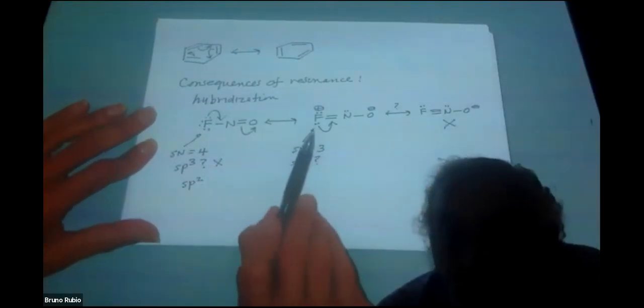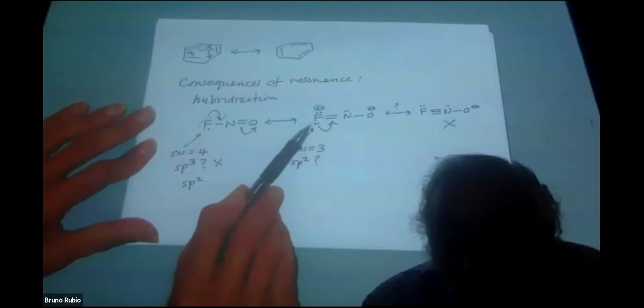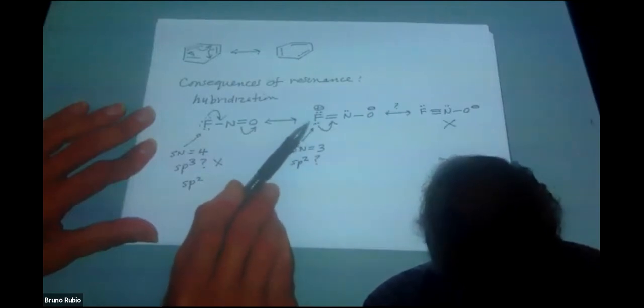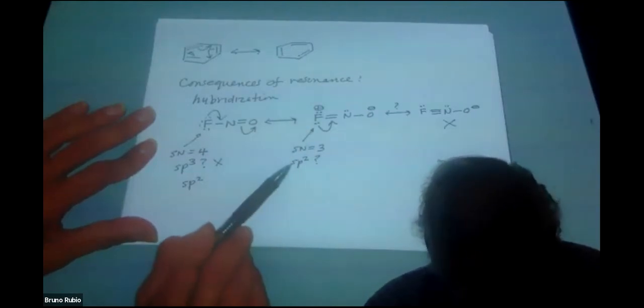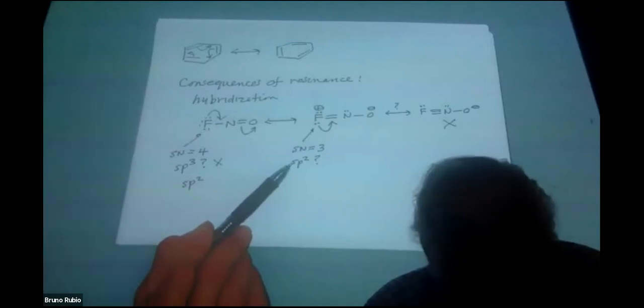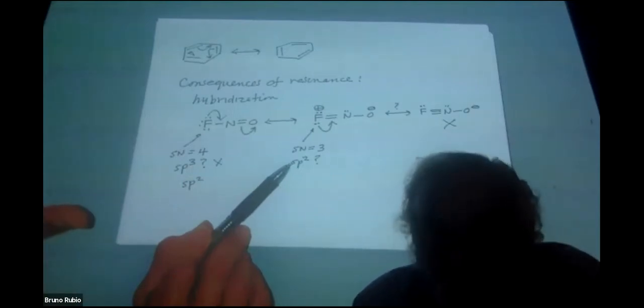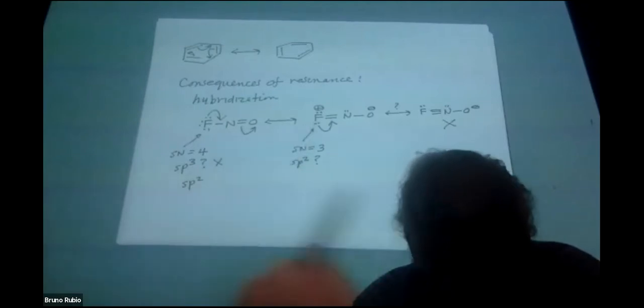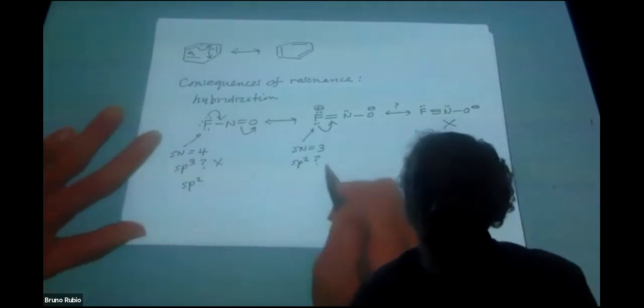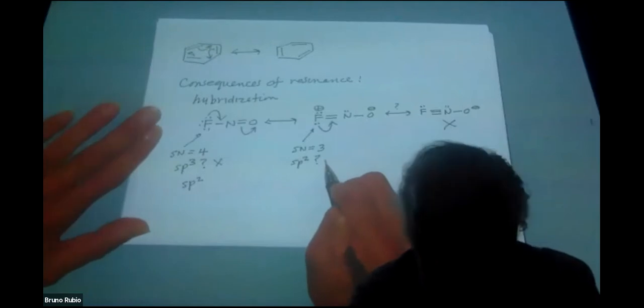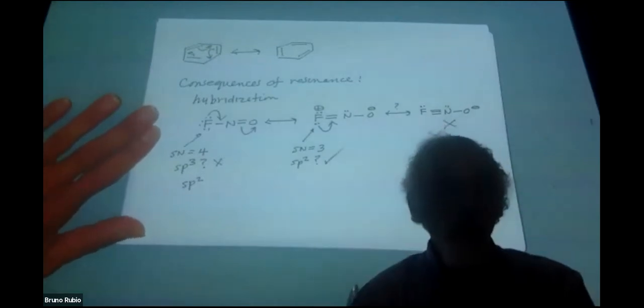So this resonance structure is saying steric number 3 for the fluorine, and it's predicting sp2 hybridization, unless there's an unshared pair of electrons that I can move around in resonance. But this fluorine doesn't have an unshared pair of electrons on it that I can move around in resonance. So the hybridization prediction is correct.